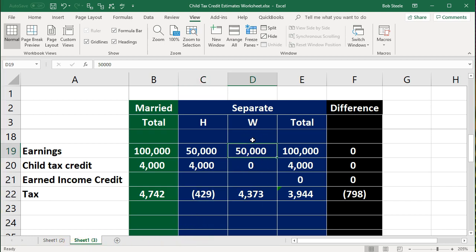Whereas this individual who had the same amount of earnings is paying tax of 4,373. So this person isn't paying any tax, is actually getting money of 429, and this person is paying tax of 4,373. If you subtract those two out, that would be the net tax, and this would be the difference basically overall under that scenario.